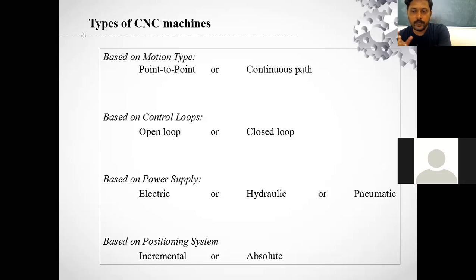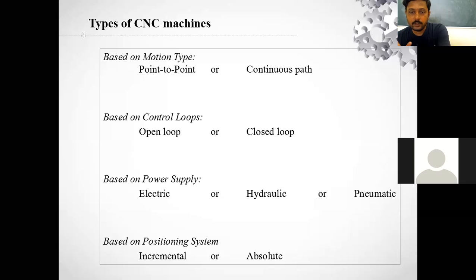That is why CNC machines could be classified according to various things. Based on motion type, the CNC machine can be classified as point to point motion or continuous path motion. If you go for control loop, you will find that it is open loop and closed loop. We will discuss in brief later on. Just note down or go through this.